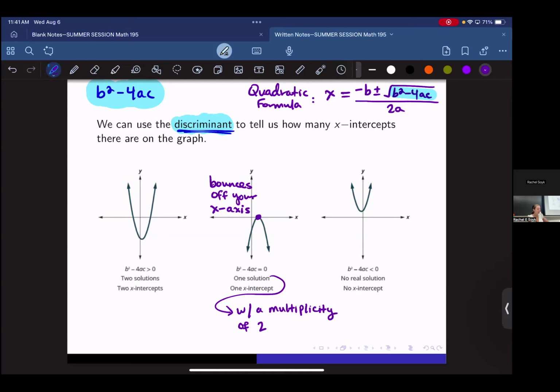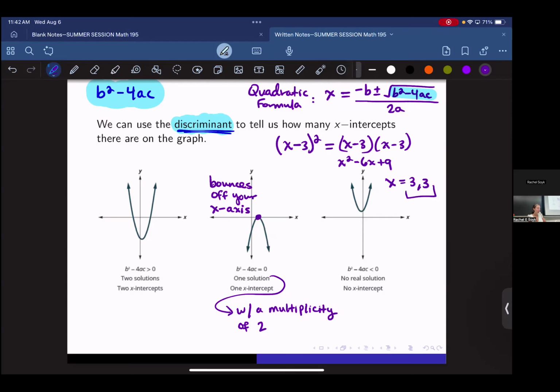And a good example of that is like x minus 3 squared. That's a quadratic function, right? If we FOILed this out, we would end up getting x squared minus 6x plus 9. And that x minus 3, well, our x-intercept is x equals 3 and x equals 3.